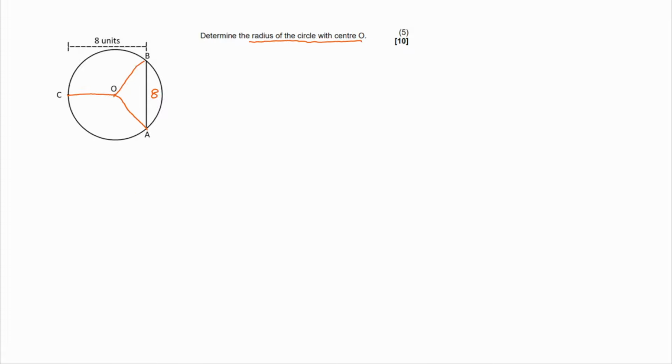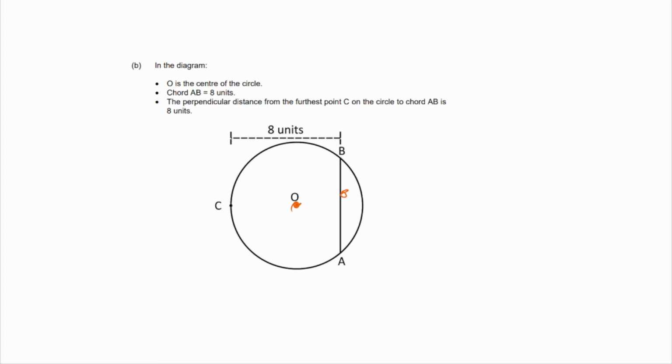Also we know that from C to this point is 8 units as well. So AB is 8 units, but we also know from C to this point is 8 units. So we needed to do some constructions over there.